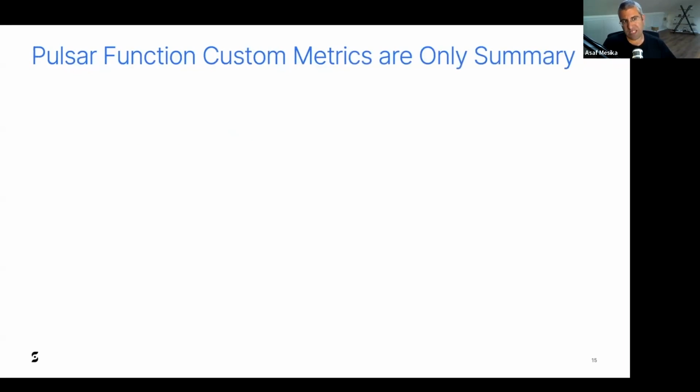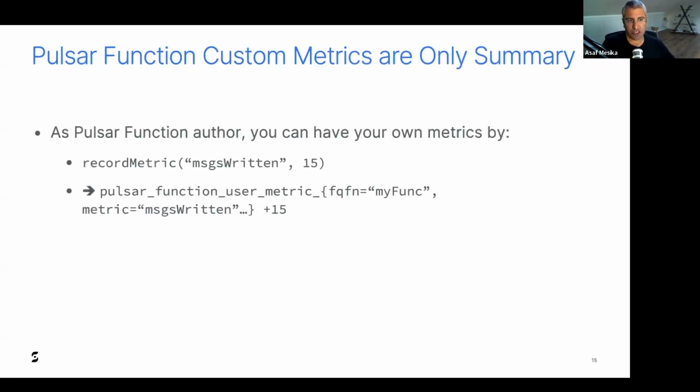Also, let's say you're writing a Pulsar function. If you want to have your own metrics, and you do, you call this method, record metric, you give the name of the metric and the value. And what happens is that all those values are translated into a summary of the last minute for all the values you recorded.